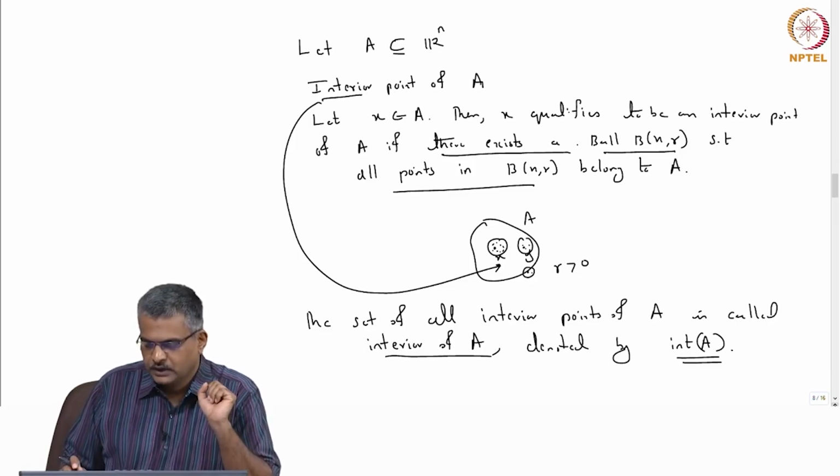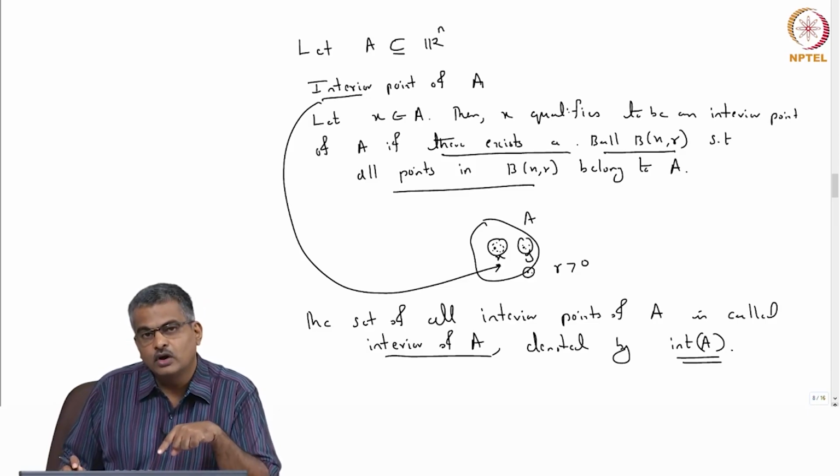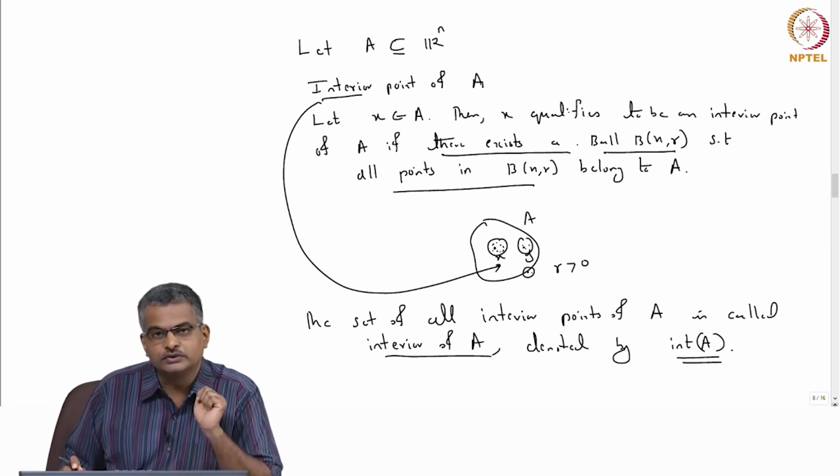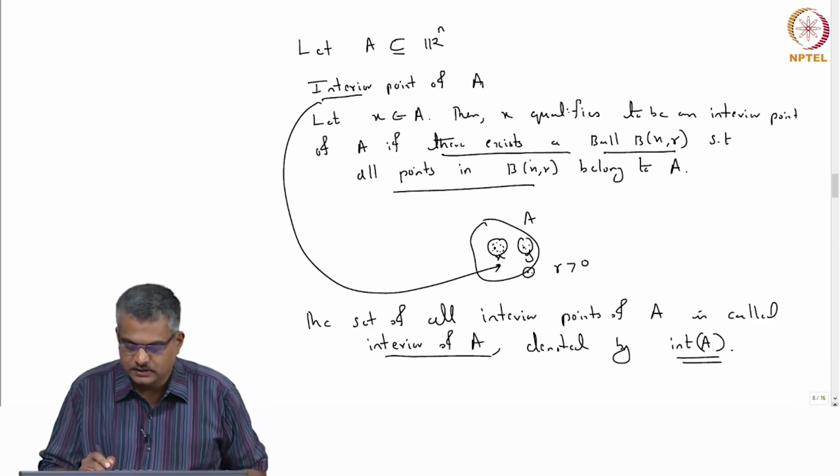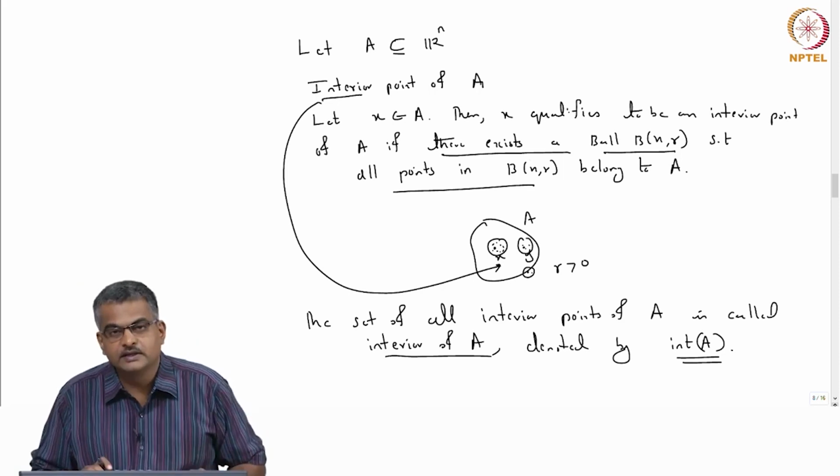It is not required that for every ball around that point this property holds. So, we will see how one has to be careful with these phrases in interpreting the definitions.